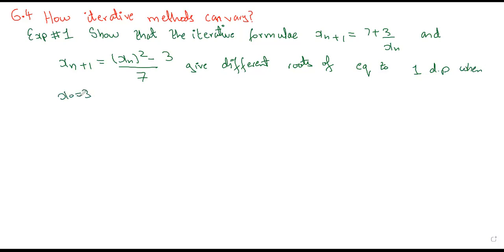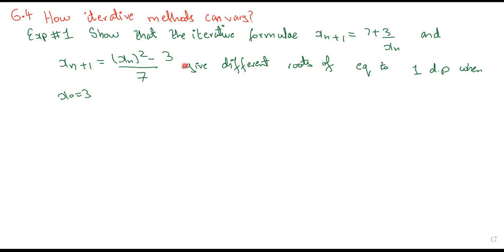Okay, let's read it together. The question says, show that the iterative formula this. We got this iterative formula for the first x equals g of x type in the previous part, which was given. And this x(n+1) equals xn square minus 3 by 7 is basically coming from the one which we made in the previous part. We had two x equals g of x forms, so we will get two iterative formulas.